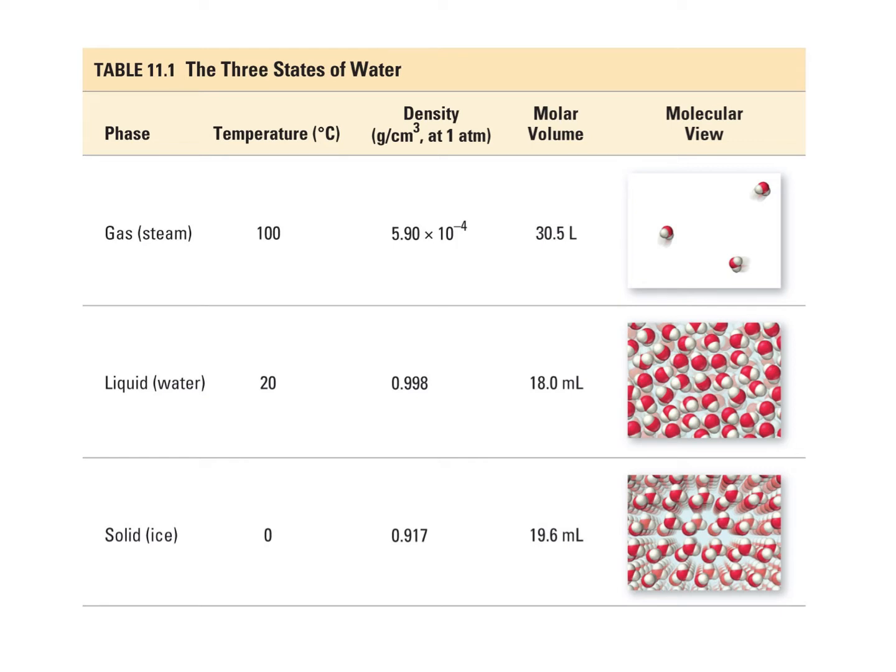For most other substances, the distance between the molecules decreases when we go to the solid, and so solids tend to have a higher density than the liquid, and so the solid would not float. So water is somewhat unusual in that respect, and this has to do with hydrogen bonding that we'll talk about later on in the video.